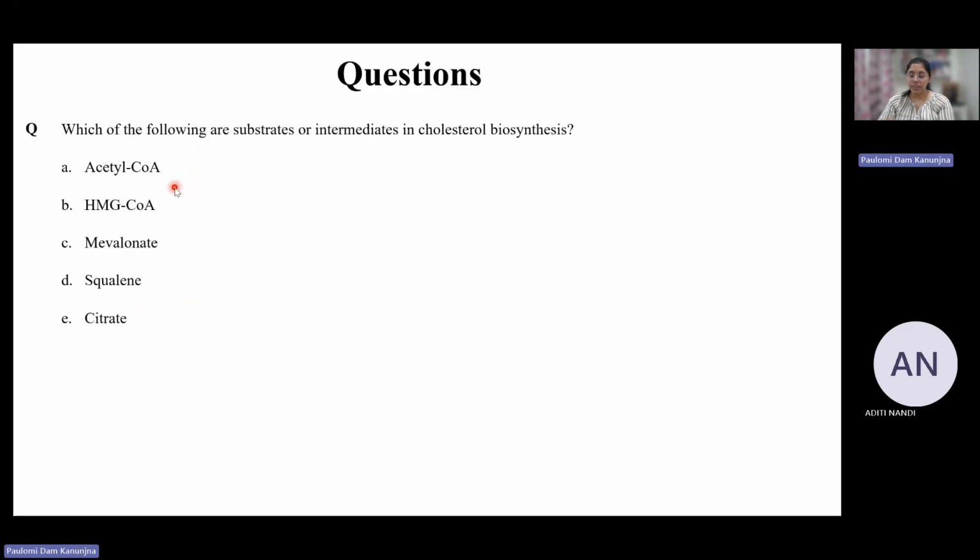Any idea which one is correct, or which one is not part of cholesterol biosynthesis?